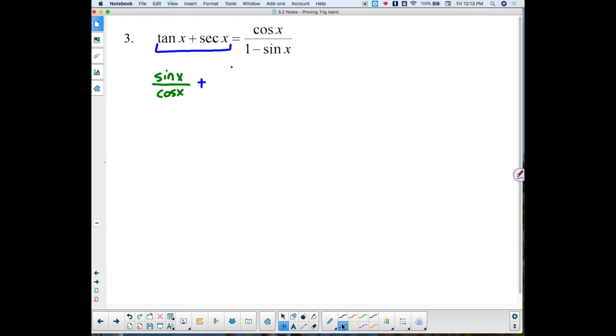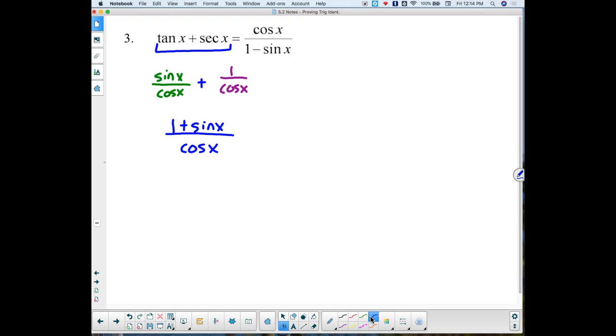Secant is 1 over cosine. Last one. Right? One plus sine over cosine. Right? Uh-oh. It's upside down. Actually, and there's a plus sign and not a minus sign.